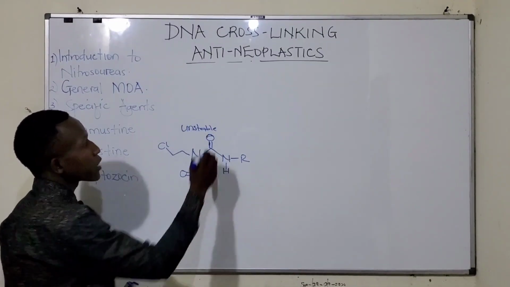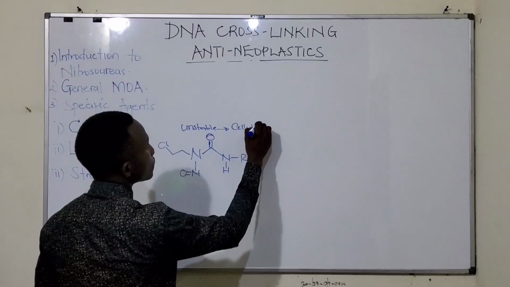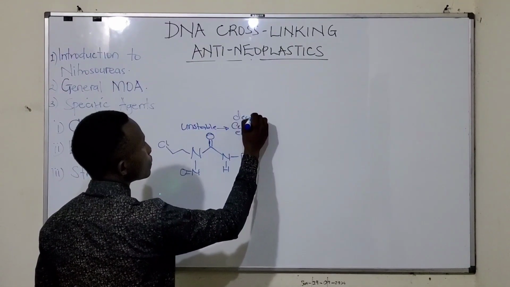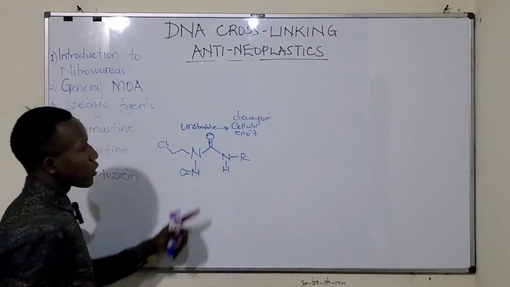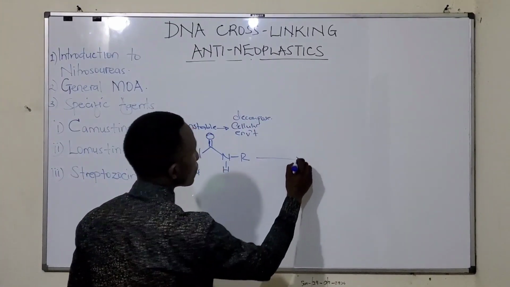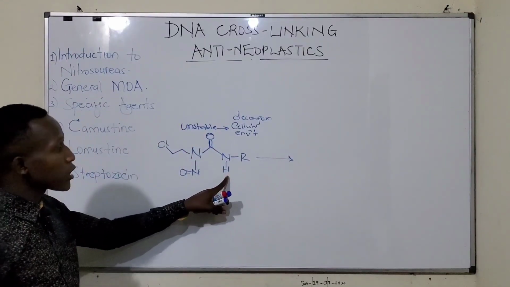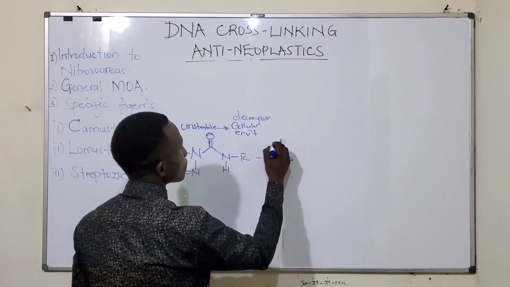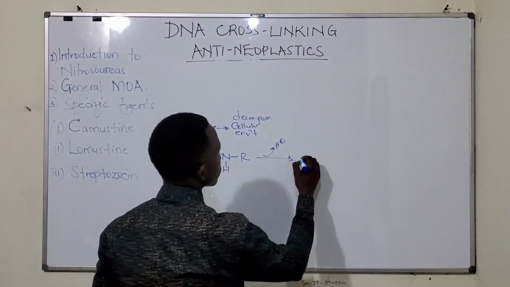Since they are unstable, they can decompose in the cellular environment. They decompose. We shall have, at first, loss of the proton. This proton from the nitrogen atom shall be lost. When the proton is lost, we shall have this.